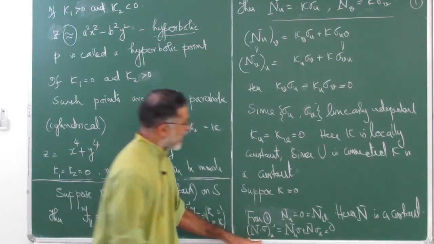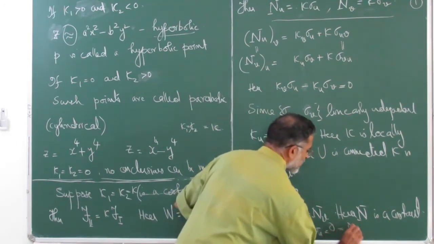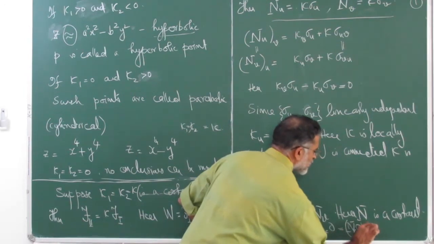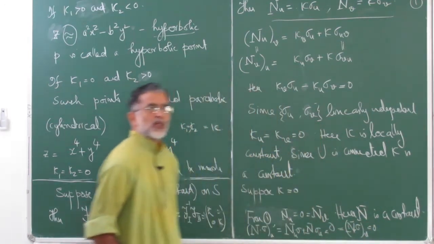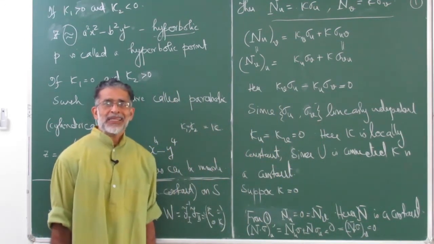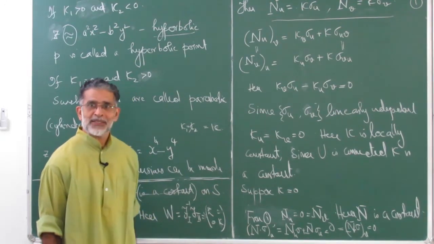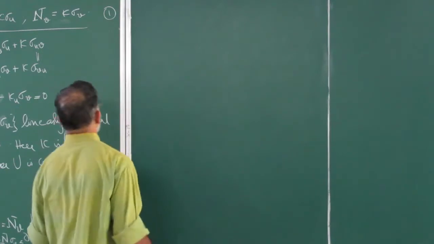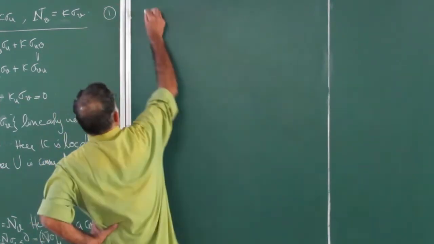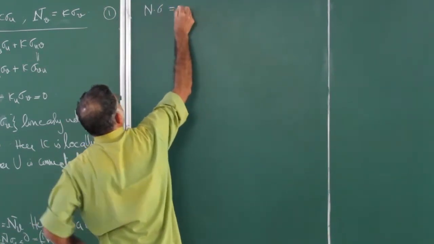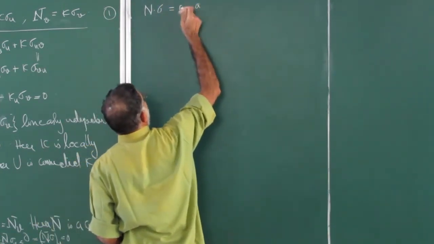Similarly, in exactly the same way, you can prove that the derivative of N dot sigma with respect to v is also 0. So the function N dot sigma is a constant. And what is that constant going to be? What we have observed is that N dot sigma equals c, a constant. It's a real number.